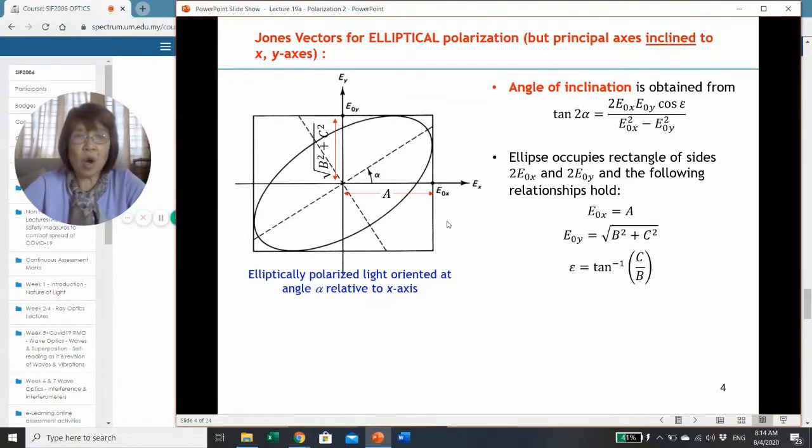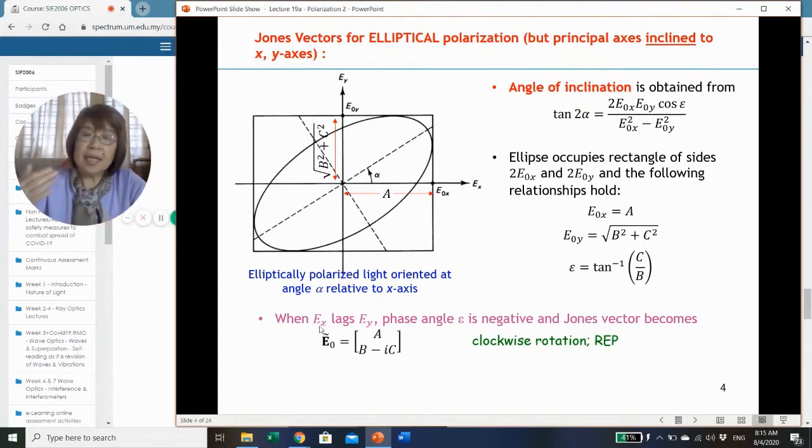So the ellipse will occupy a rectangle here, whereby the sides will be tangent to the ellipse, so that this rectangle will have a length of 2E0x and a height of 2E0y, such that E0x will be a, E0y will be the root of b squared plus c squared, and epsilon will be the arctangent of c over b.